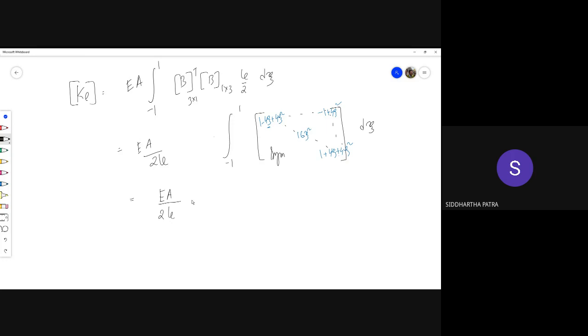Now this could be written something like this, twice the integration 0 to 1, and this time you would be dropping all the odd functions, basically everything associated with xi. So you have 1 plus 4 xi squared, 1 plus 4 xi squared, 16 xi squared.